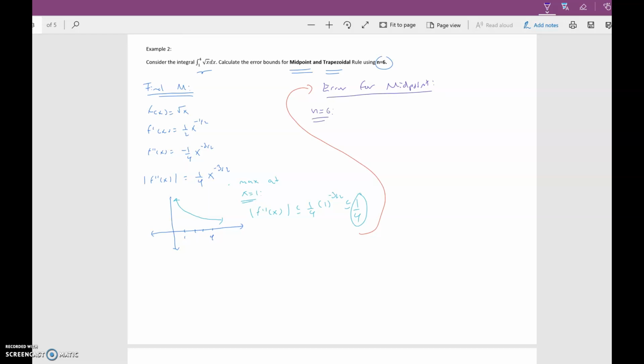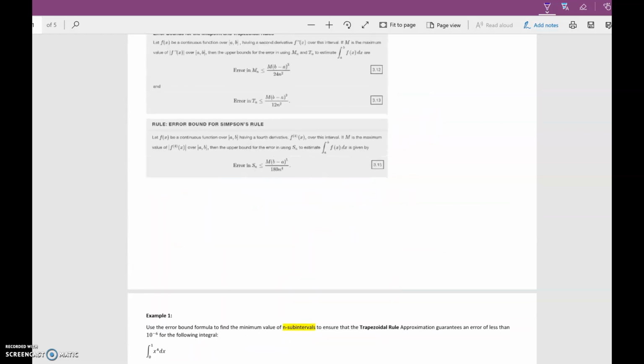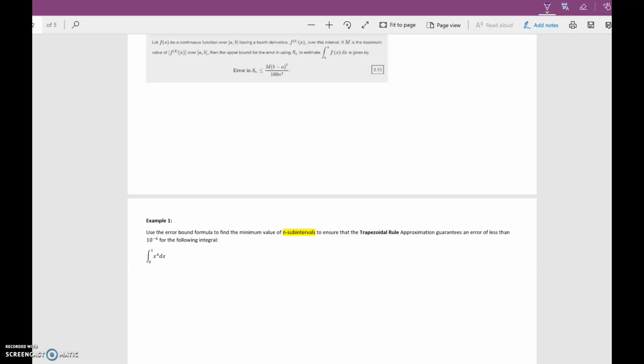So the actual error is going to be less than or equal to the value of M times (b minus a) to the third power divided by 24 n squared. And let me double check the formula. Okay, so we're looking at this one.